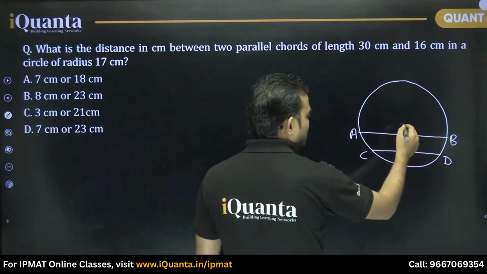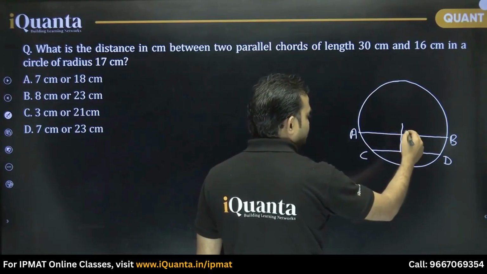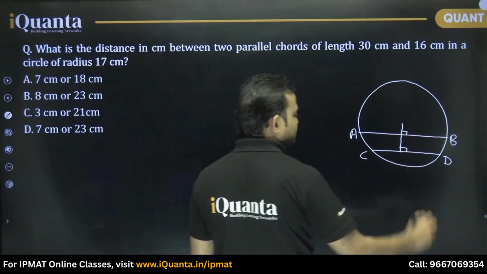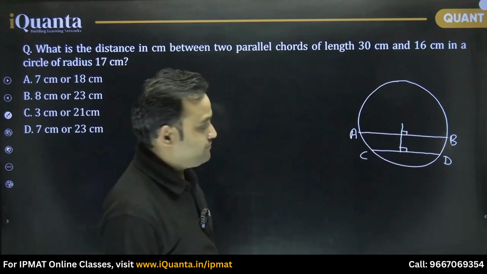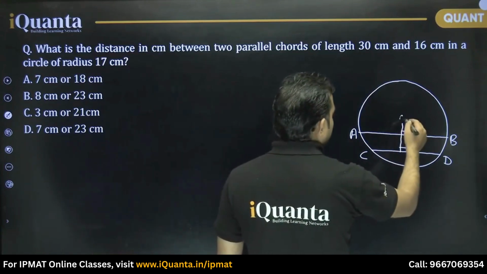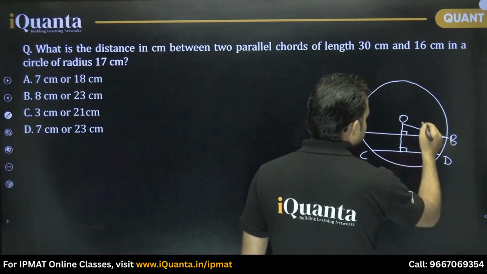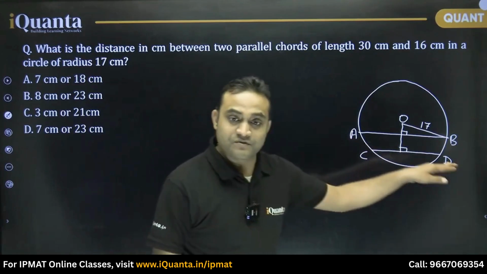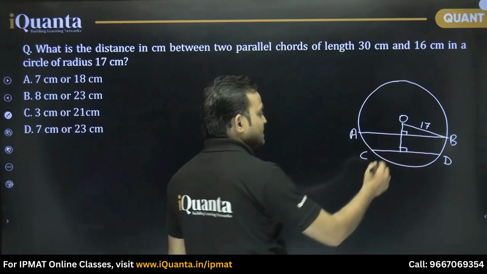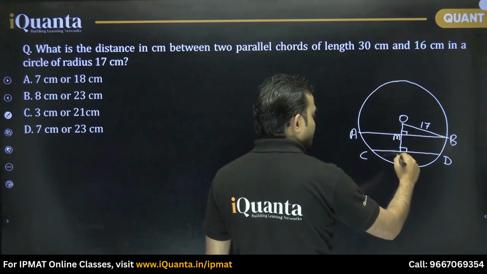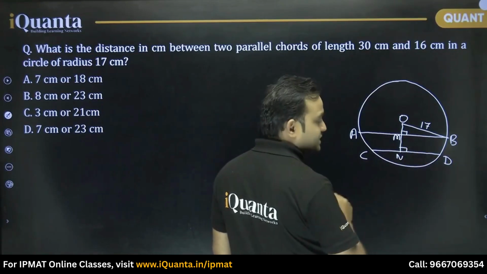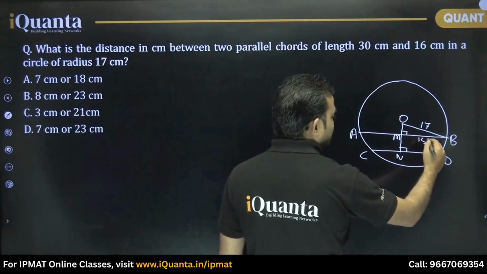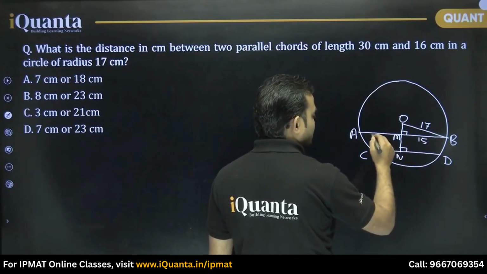Now if I draw a perpendicular, can we say something like this? So if I join OB, it's given that the radius OB is 17, AB is given which is 30. So if this point is M and this point is N, BM will be equal to 15, AM will also be 15.